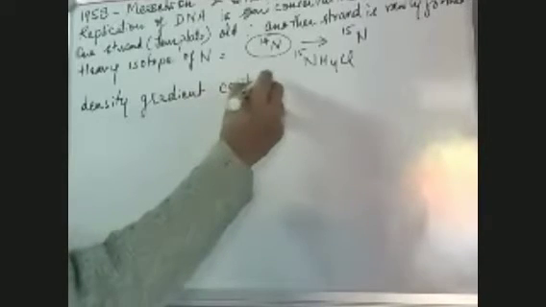Density gradient centrifugation. So centrifugation, as I have already told you, is done by taking the sample in a test tube and rotating it at a very high speed. The substances of high density settle at the bottom, and the substances of low density remain on the upper side of the test tube in the centrifuge.